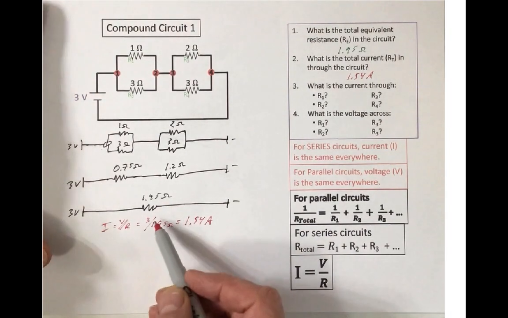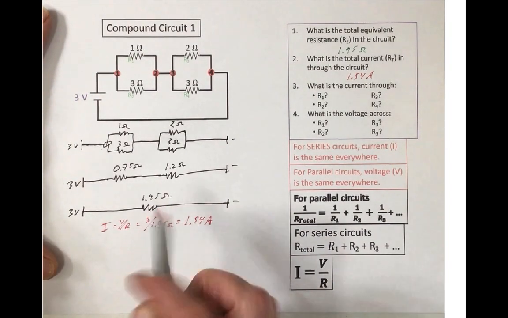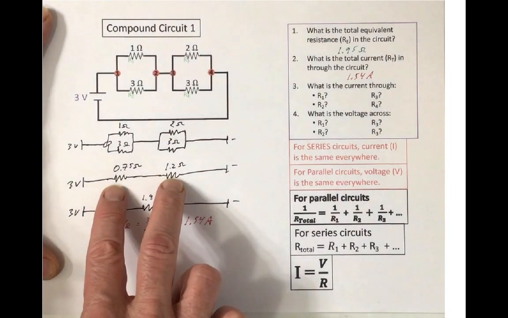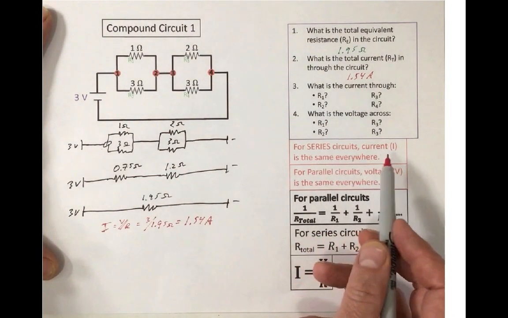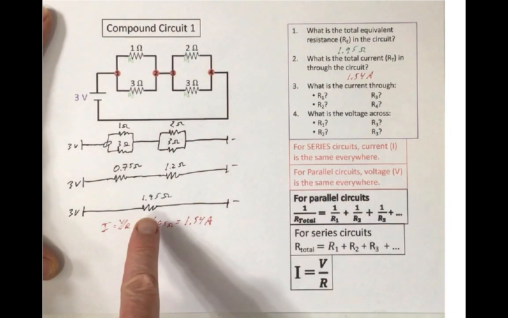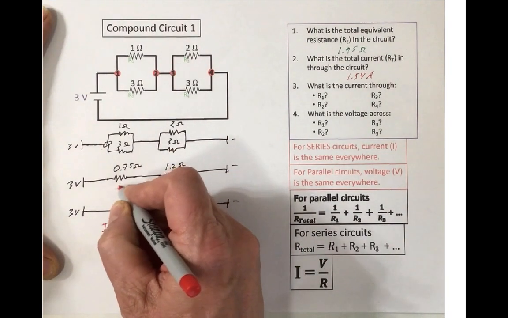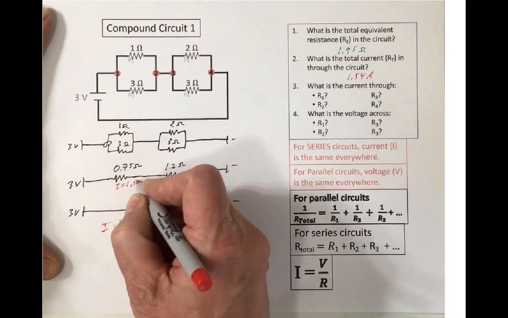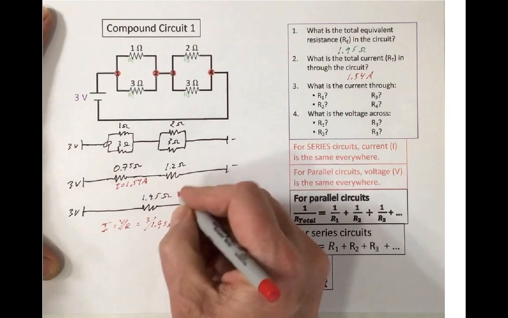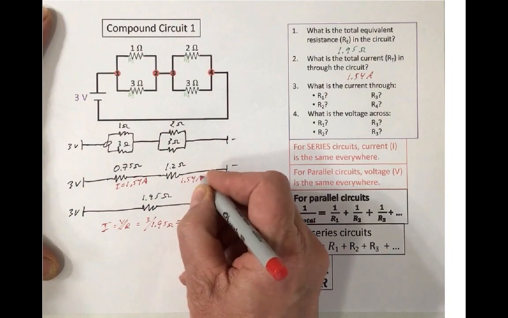Okay, so here, this one resistor was actually 2 in series. And I know for series circuits, the current is the same. So if the current right here is 1.54, that means the current here is 1.54 amps, and the current here is 1.54 amps.